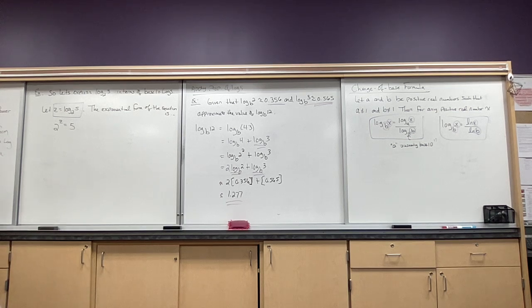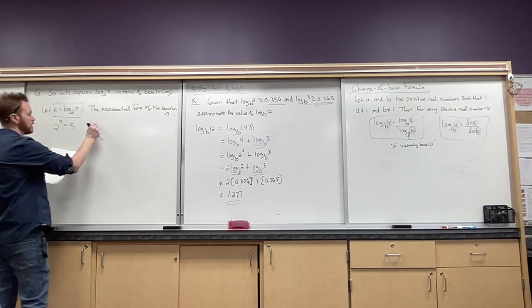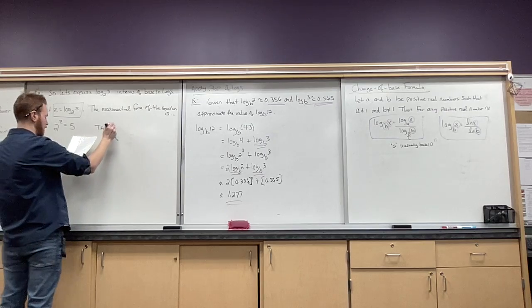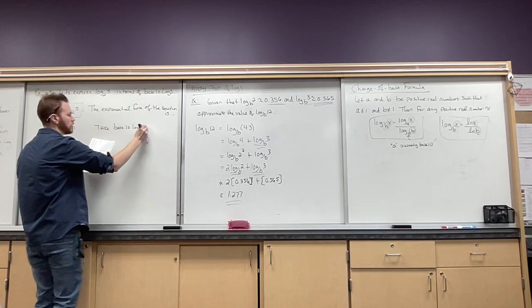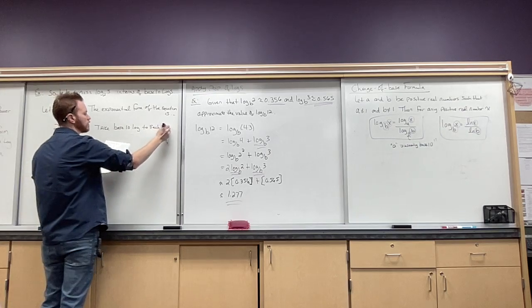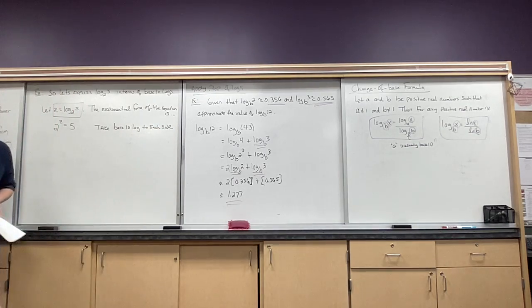Okay. Now what I can do is take the log base 10 of both sides. So I'm going to put that over here as a step. I'm going to take base 10 log of each side. It's like multiplying both sides by 10 or by 20, doing the same thing to both sides.